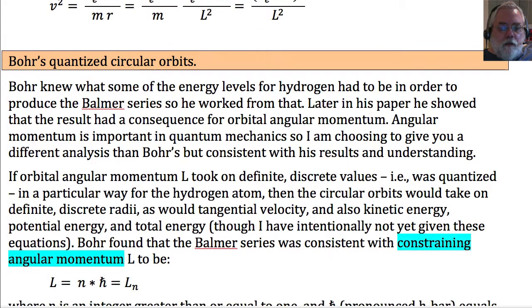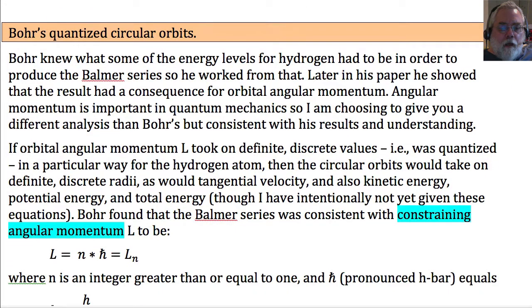If orbital angular momentum L took on definite discrete values, that is, was quantized in a particular way for the hydrogen atom, then the circular orbits would take on definite discrete radii, as would tangential velocity and also kinetic energy, potential energy, and total energy, though I have intentionally not yet given these equations.